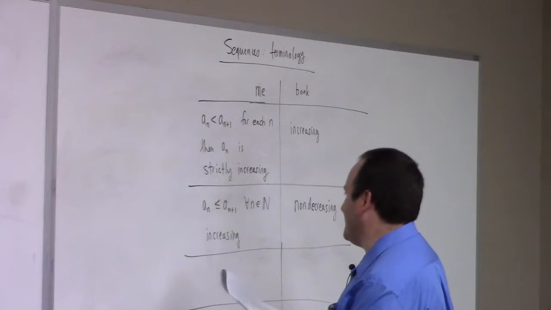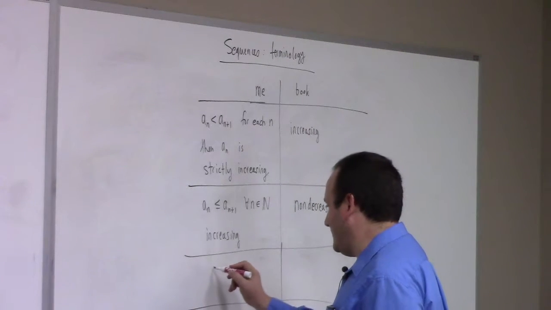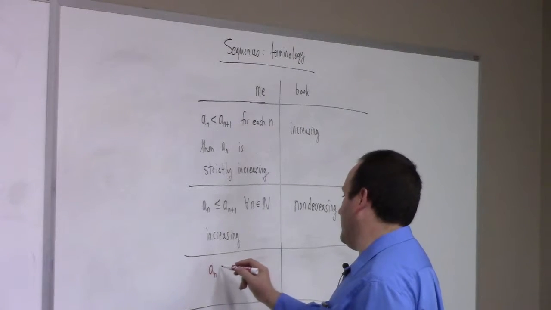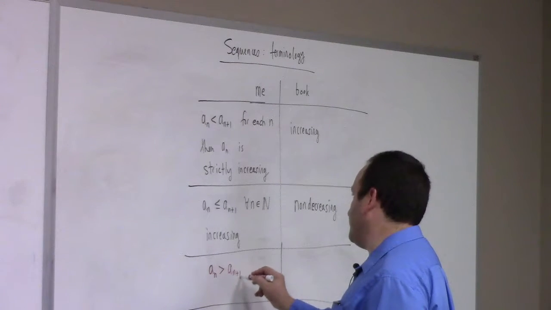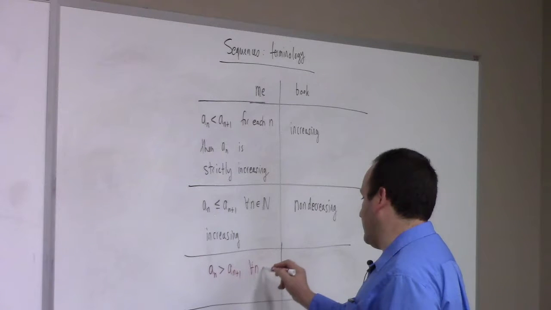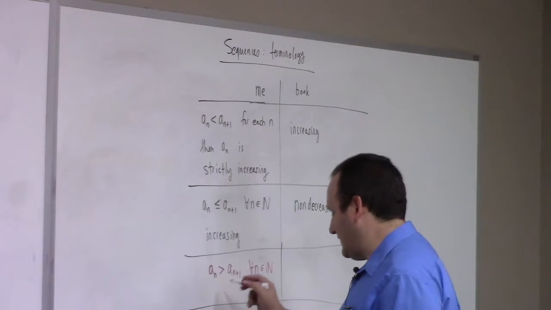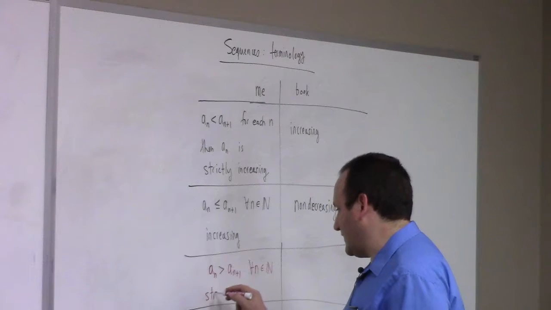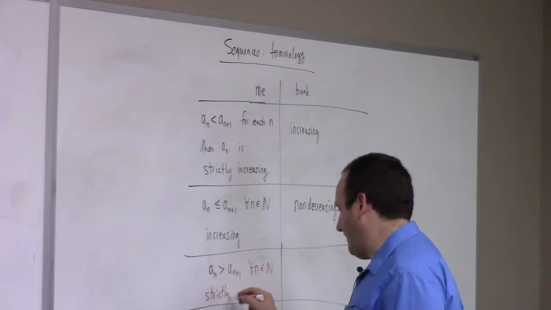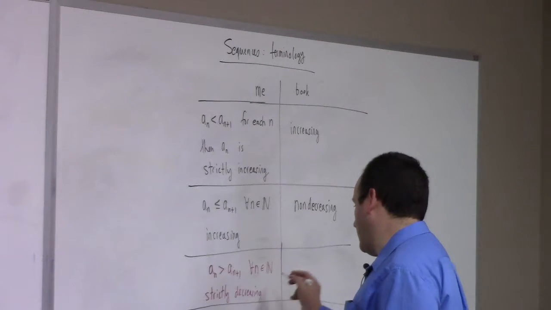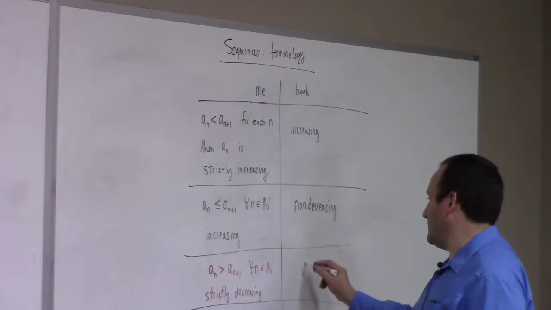Let's see here. If a_n is greater than a_{n+1} for all n in N, then I say that makes the sequence strictly decreasing. The book says decreasing.